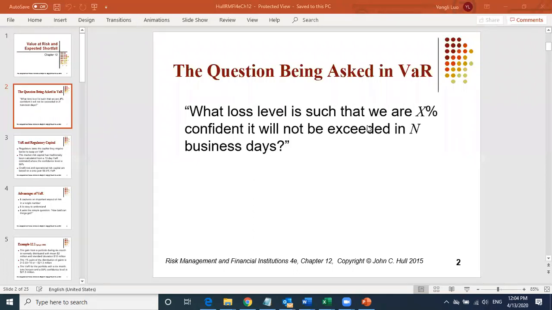Okay, this is where we have something like an X% confidence. Nobody can tell anyone that you are not going to lose anything. Investment is risky, but you can tell them we try to minimize the risk. So what we can do is say we have 99% confidence your loss will not exceed 10,000 US dollars.